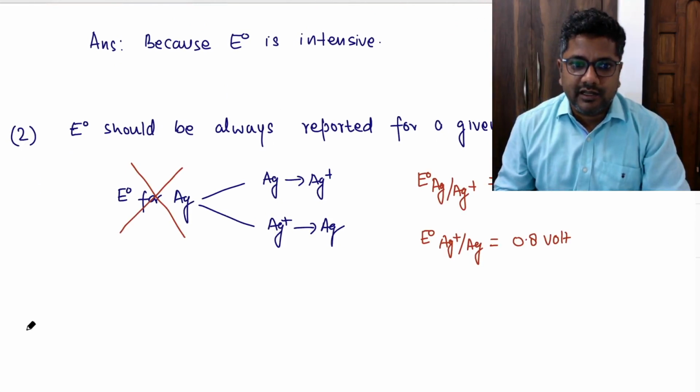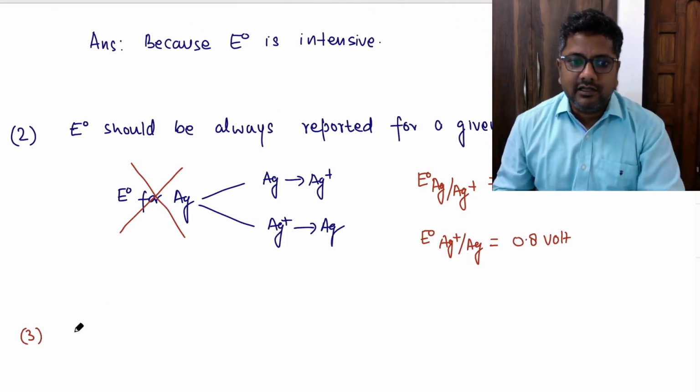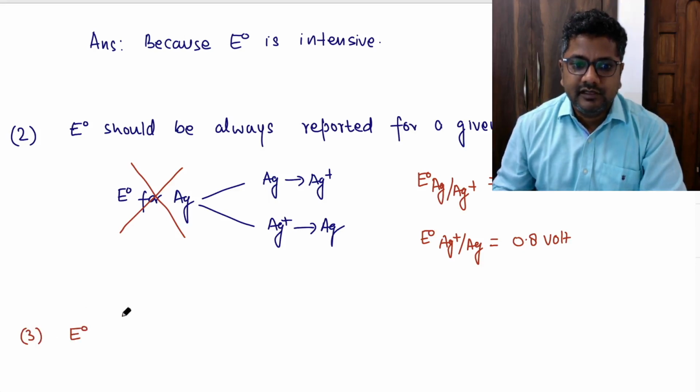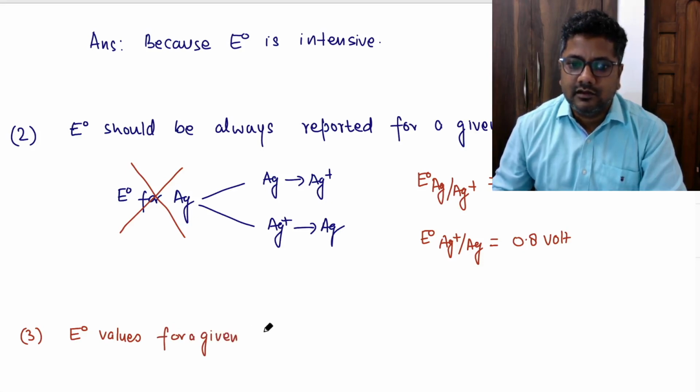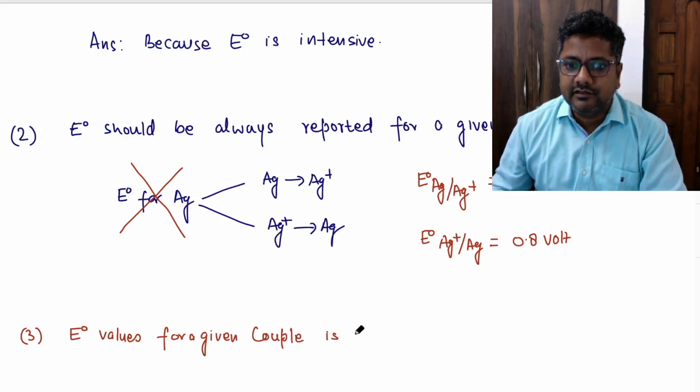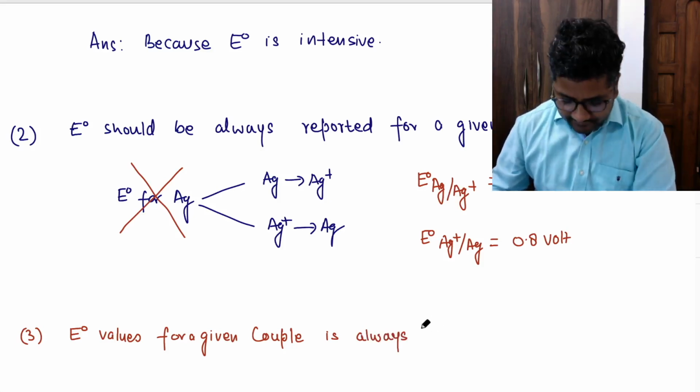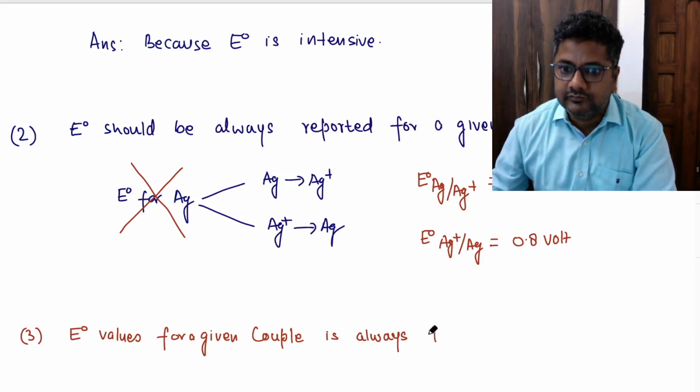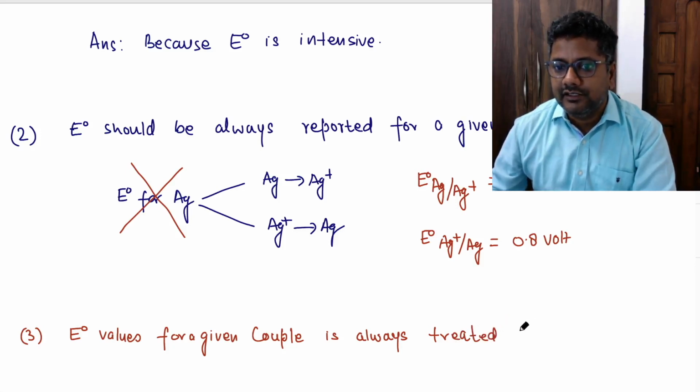Now see the third property of E naught, that E naught values for a given couple is always treated with sign.